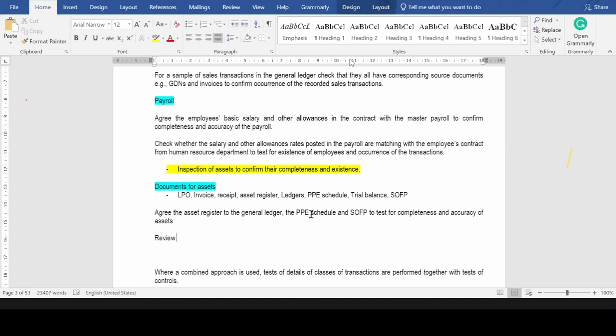We can say, review the PPE schedule. Remember what is the PPE schedule? There are additions, there are disposals, there are revaluations, and many other things from IAS 16.